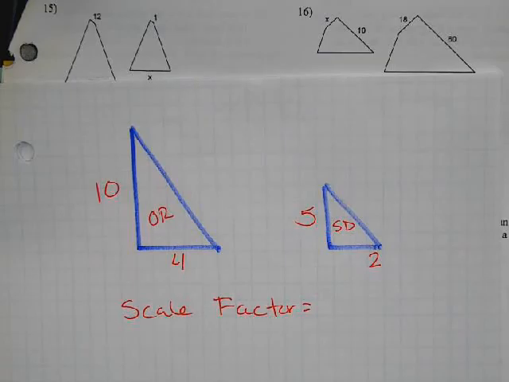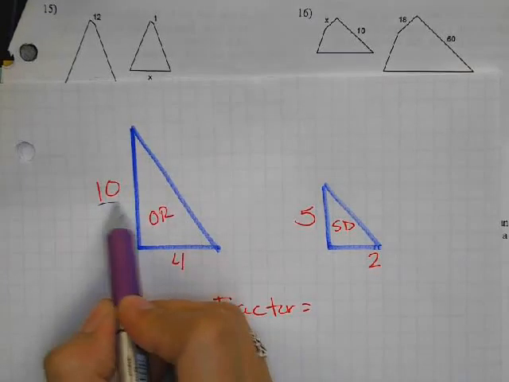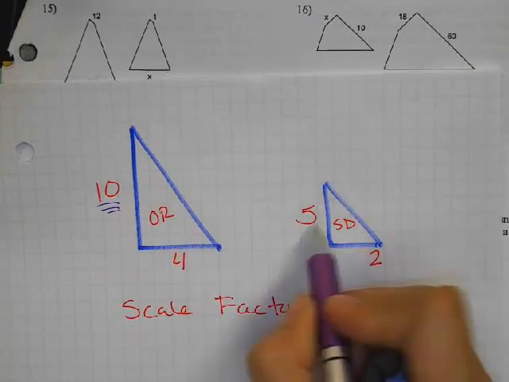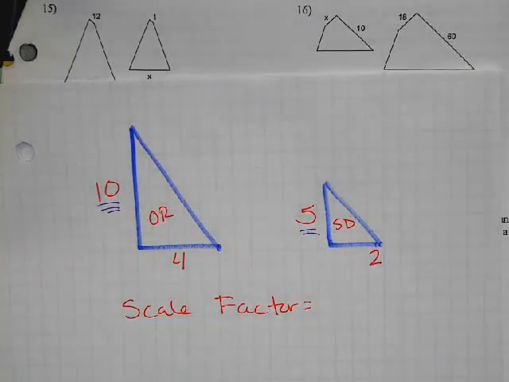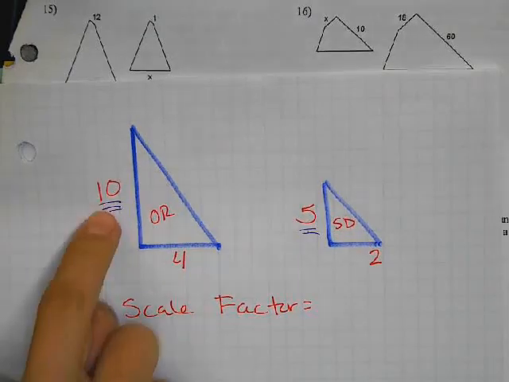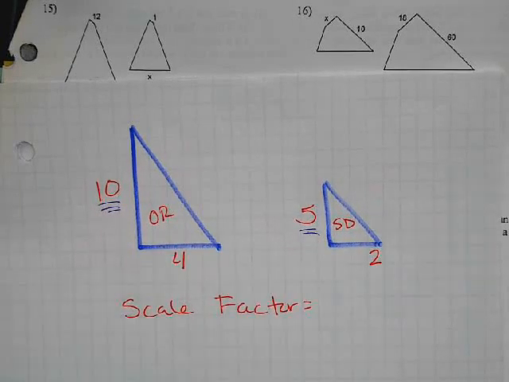But the definition said multiply, not divide. We're trying to figure out what number you multiply 10 by to get to 5. If I multiply 10 times a negative, am I going to get positive 5?